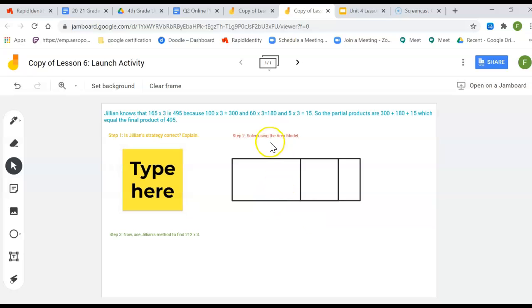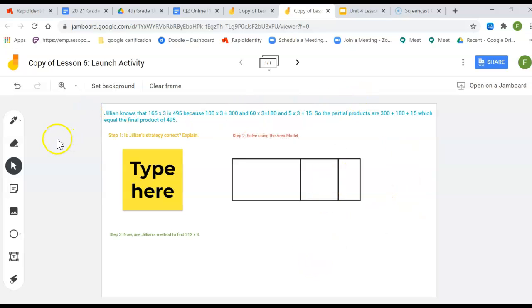Step 2, solve using the area model. You're actually going to solve it using the area model right here. Remember, you're going to do some decomposing of numbers at the top. You're going to have your number over here, and your equation, partial products inside of here. And of course, I want you to show where you've added the partial products up. You can either do it on the side or below, your choice.